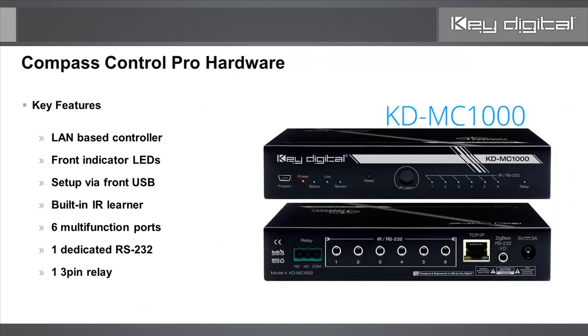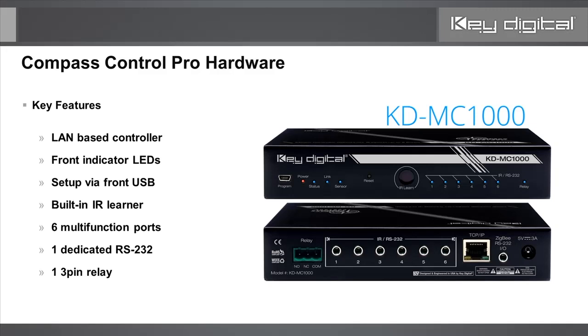As we go into the hardware of the Compass Control system, we do have dedicated controllers and built-in master controllers into our video switching devices. We're only going to cover the dedicated external controllers here, as we've already covered the all-in-one systems in previous IAVC courses. This is the MC1000.